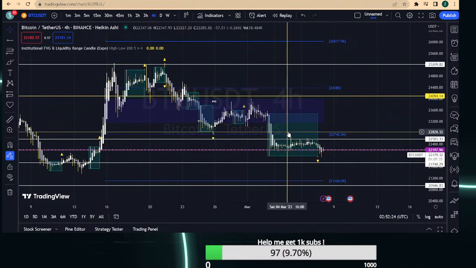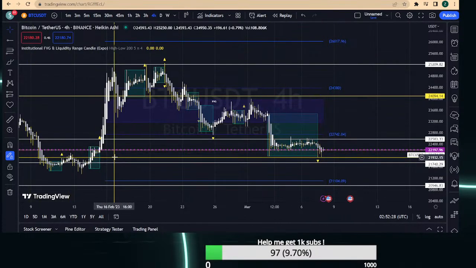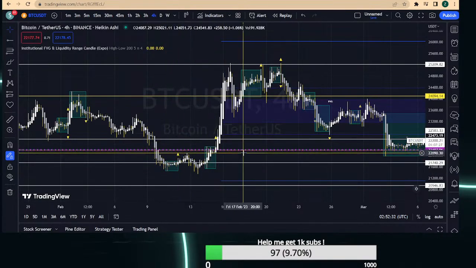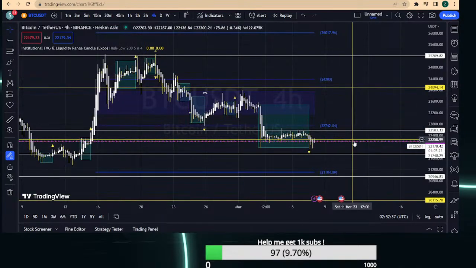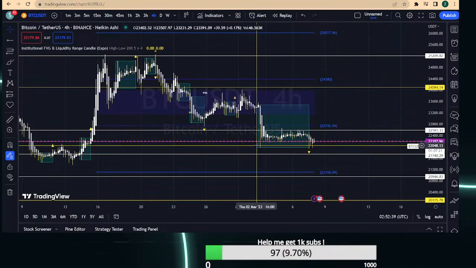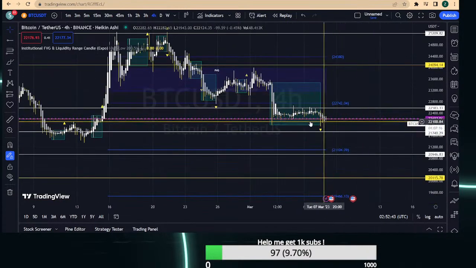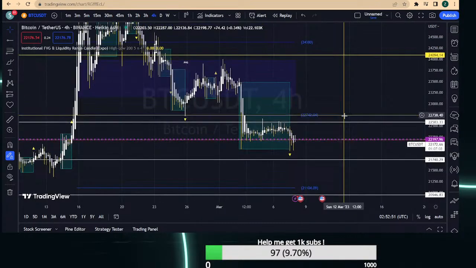All of this move was to capture all of this stuff down here, which is equivalent to right here. This is where a lot of people were long. So there's a lot of liquidity down in this zone that the institutional investors want before we can go higher. That doesn't mean that we are going to go higher, and I do believe we will go higher, but I'll get into that further into the stream.